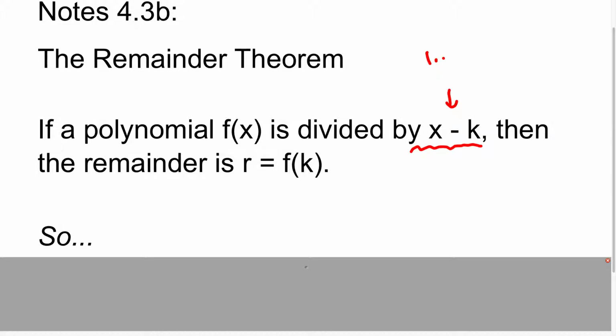I would say that is a linear factor. So we can use this under the condition that it's being divided by a linear factor. Like our warm-up problem, we were dividing by a quadratic, so the remainder theorem would not necessarily apply here, okay? Because we haven't met the condition that we're being divided by a linear factor.